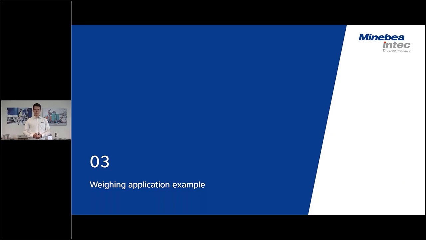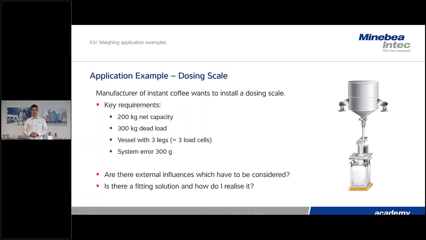Please let me show now some examples for our installations of weighing components. Therefore, I will take a role as manufacturer of instant coffee who wants to install a dosing scale, but actually doesn't know much about weighing. So I figured out some inputs which I thought could be helpful for MiniBear Intec.